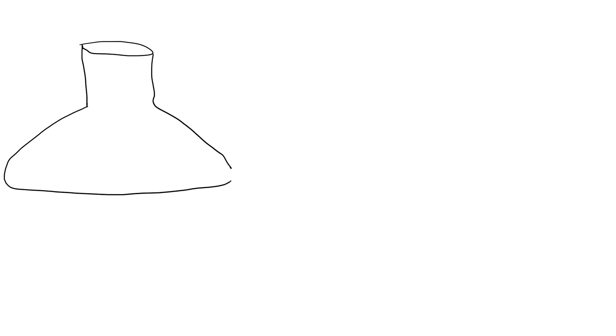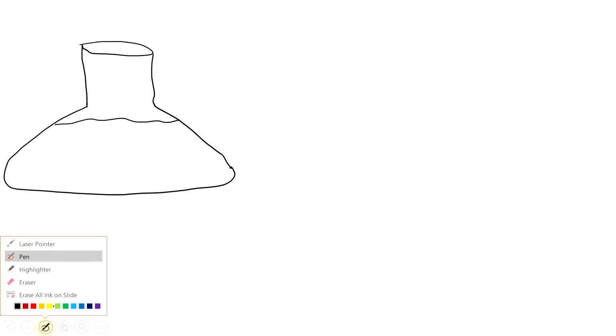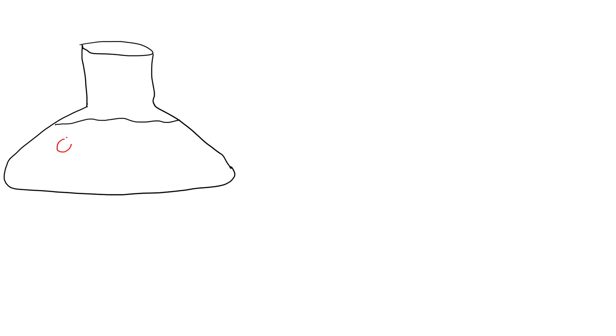Let's say you have a flask here. Inside this flask, you have put a plasmid, let's say this is the plasmid, and you already cloned the gene of interest inside.